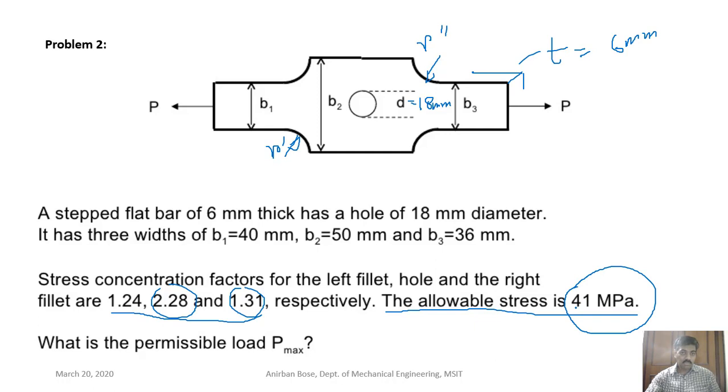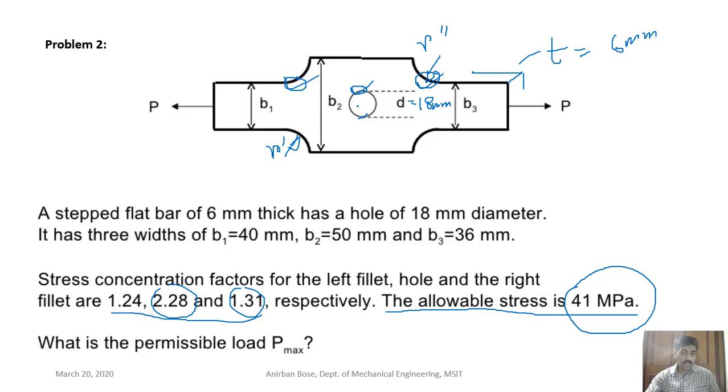So what do you do? It's very simple. You know what the critical points are? The critical points obviously are the stress risers. So these are the critical points, right? So find out the maximum stress here, find out the maximum stress here, and find out the maximum stress here using the stress concentration formula.